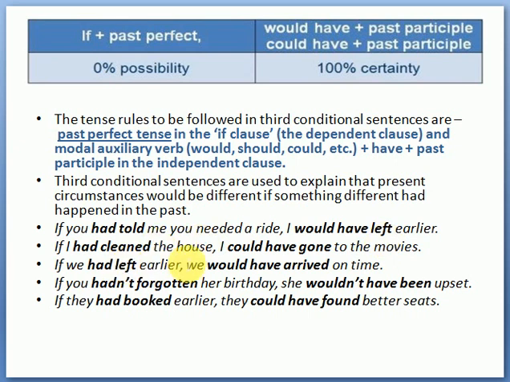If I had cleaned the house, I could have gone to the movies. You may also invert the positions, like you could say we would have arrived on time if we had left earlier. It is not necessary to write the if clause first and then the main clause. You may invert the position of both.